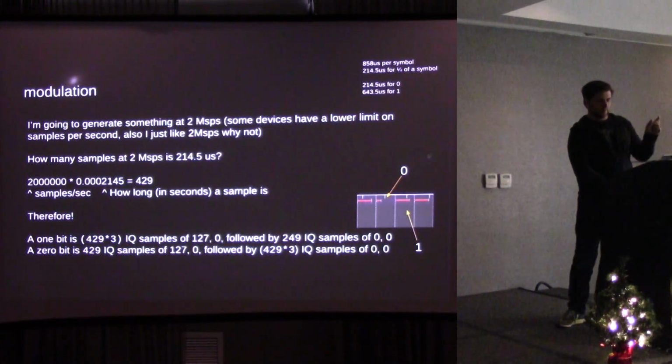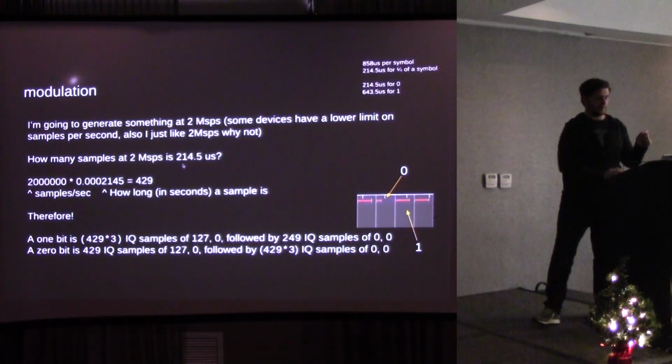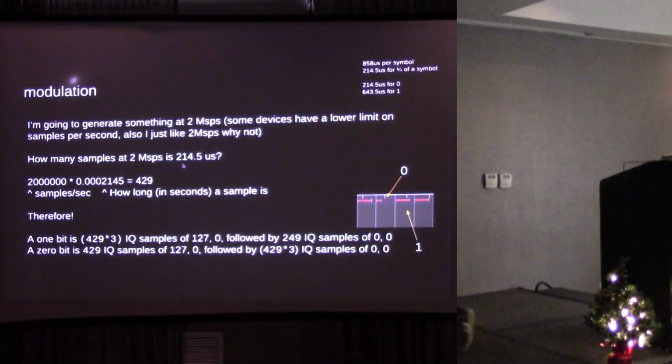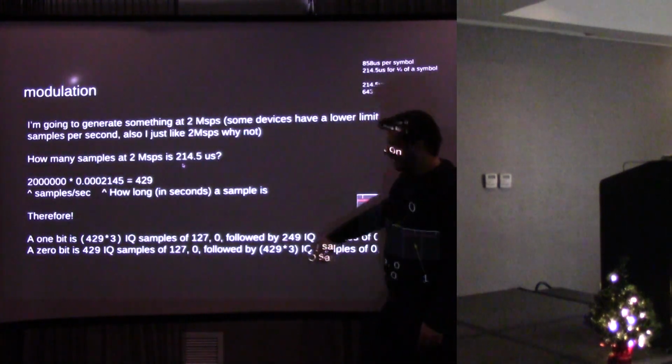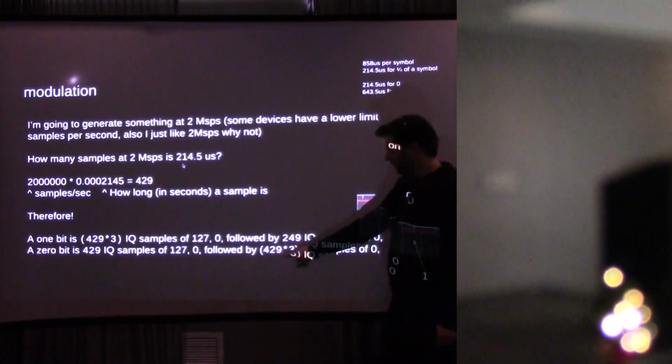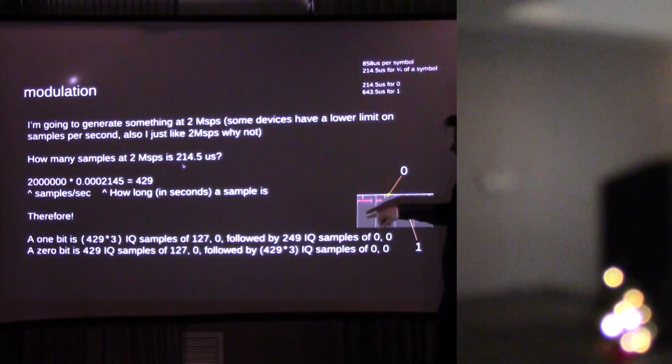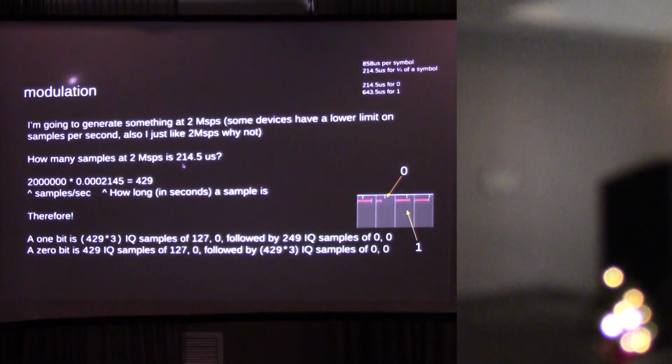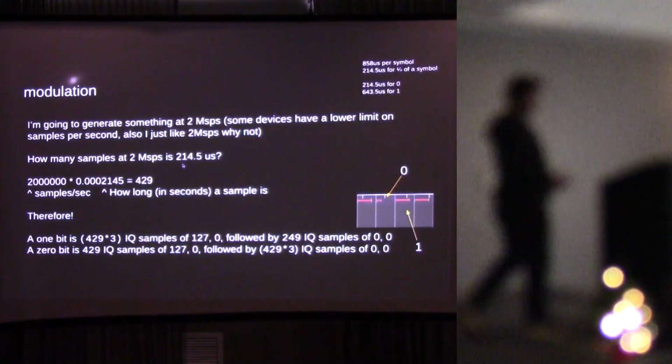I'm sorry, that's a quarter of the window. So if you want to represent a 0, then you would transmit 429 IQ samples and then 429 times 3 of dead air, and then vice versa for a 1. And so now we know how many samples we would need to write out.